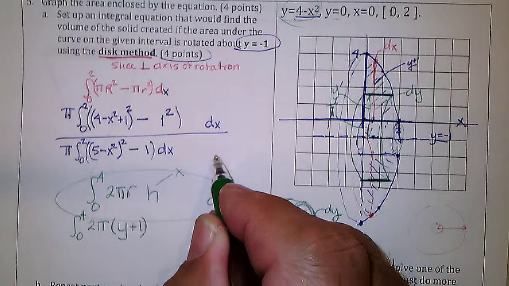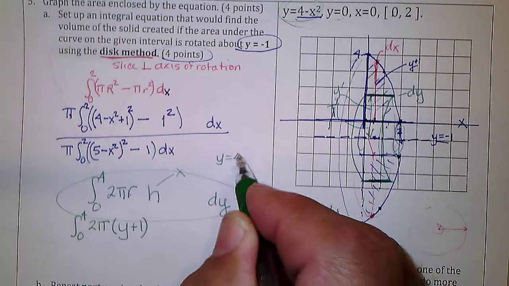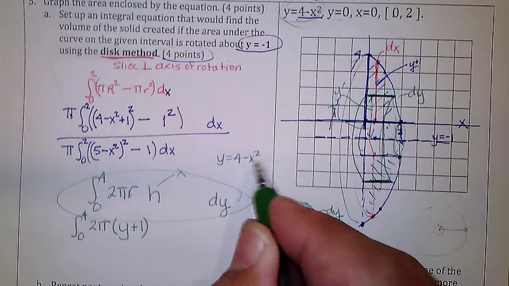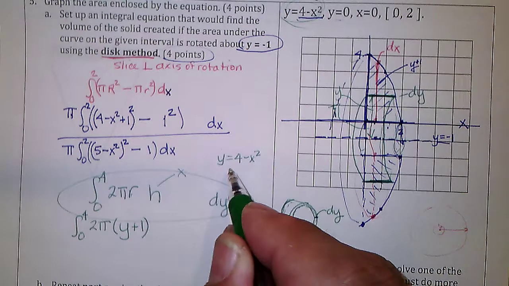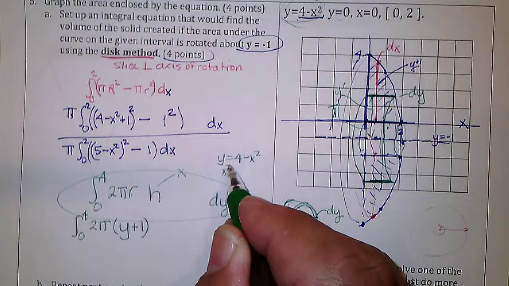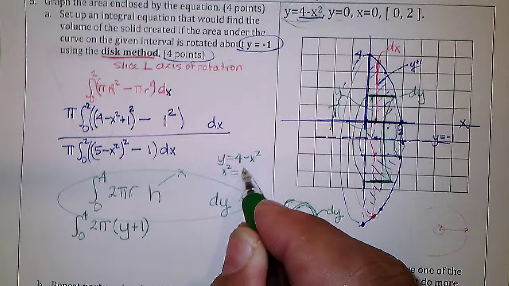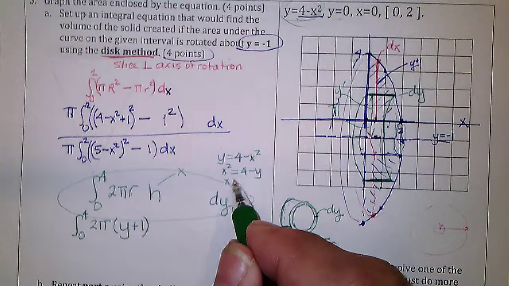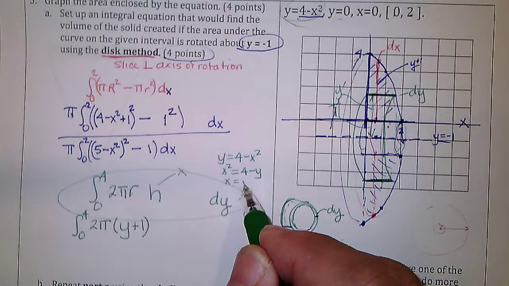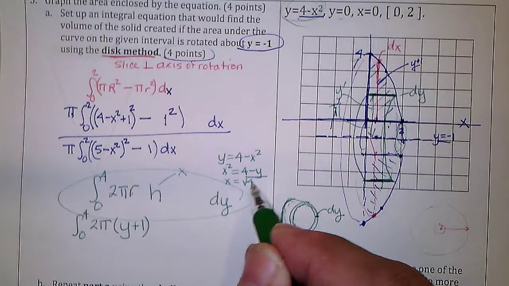If I have y equals 4 minus x squared, if I add x squared to both sides and subtract y from both sides, I get x squared equals 4 minus y, and x would equal the square root of 4 minus y.